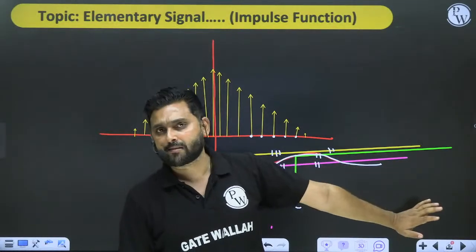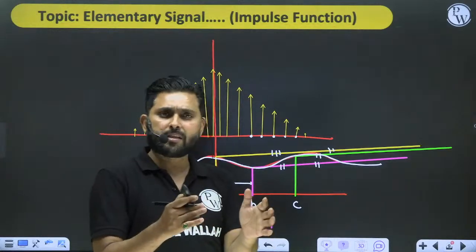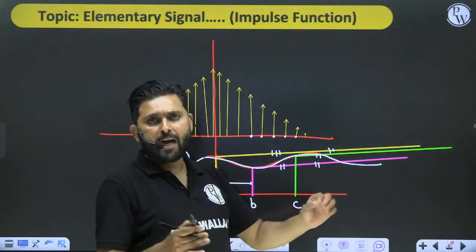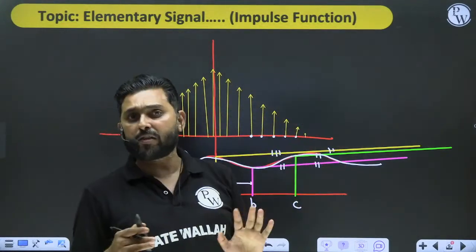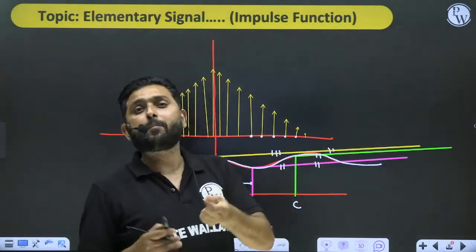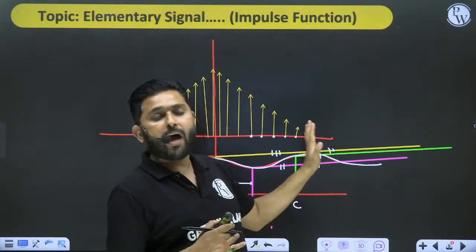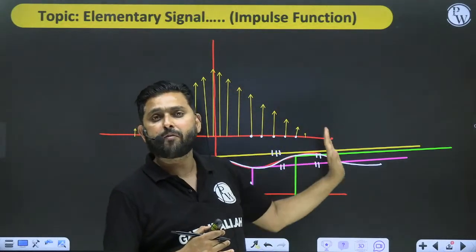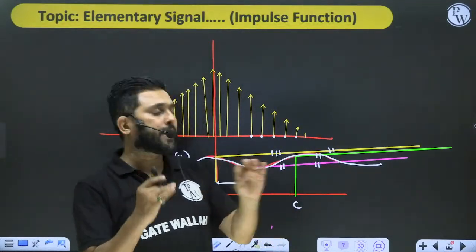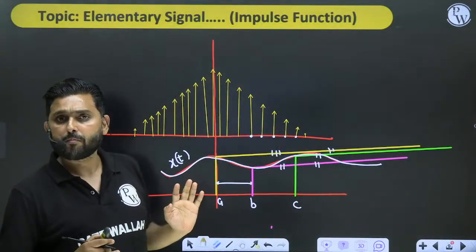Hope you understand. Because of finite width of any function, if you want to write any function in terms of any other function, then the width should ideally be 0, and hence impulse is the only candidate I have present here. I can write the function in terms of impulse function. That is, impulse is the only candidate present here which can purposefully do this job.